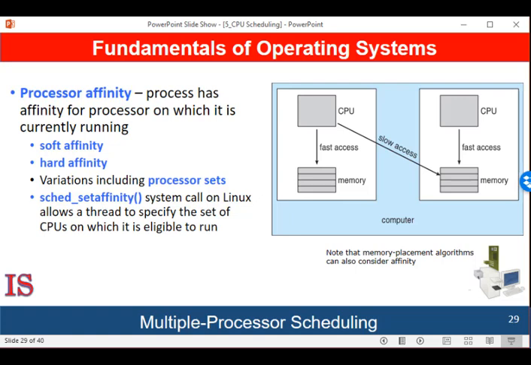If the operating system's CPU scheduler and memory placement algorithms are NUMA aware and work together, then a thread that has been scheduled on a CPU can be allocated memory closest to where the CPU resides, thus providing the thread the fastest possible memory access.